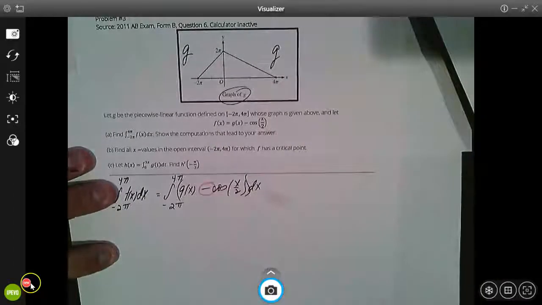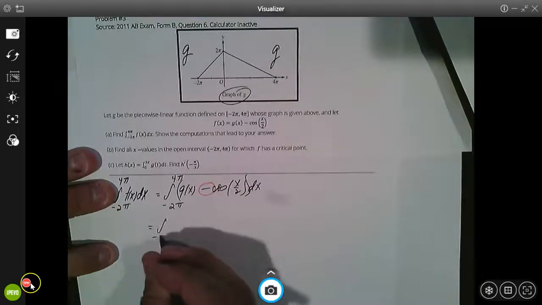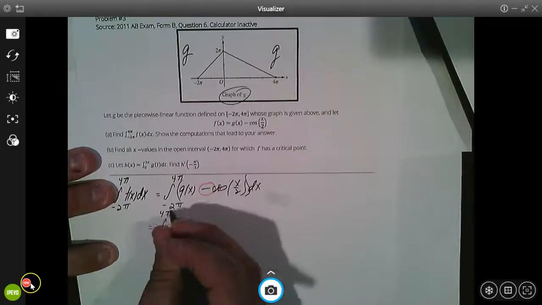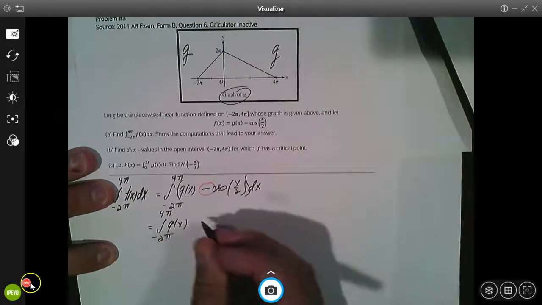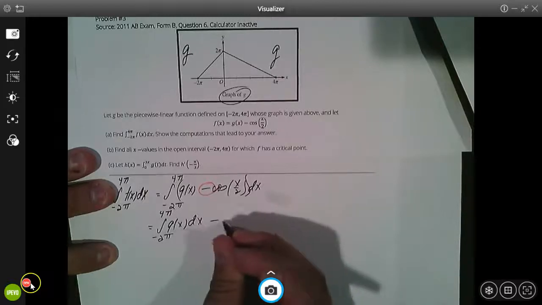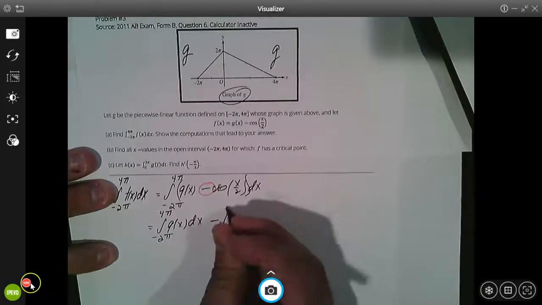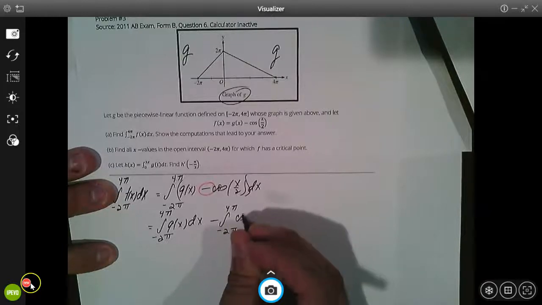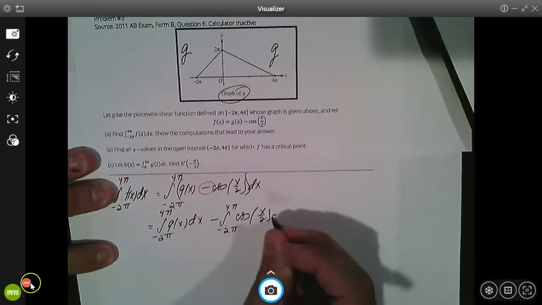Because of this subtraction, I can distribute the integral and say, let's integrate from negative 2 pi to 4 pi g of x dx minus let's integrate from negative 2 pi to 4 pi cosine of x over 2.